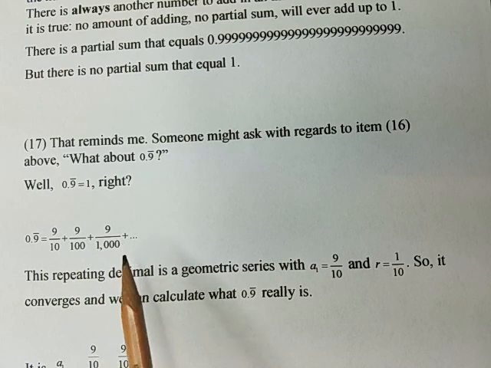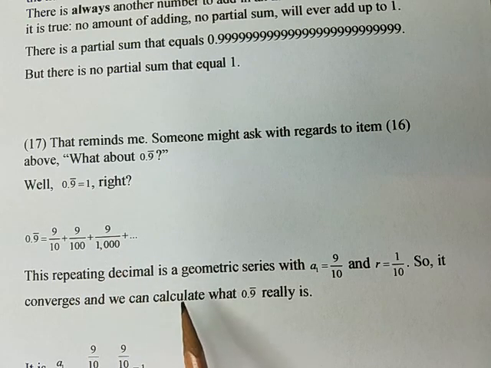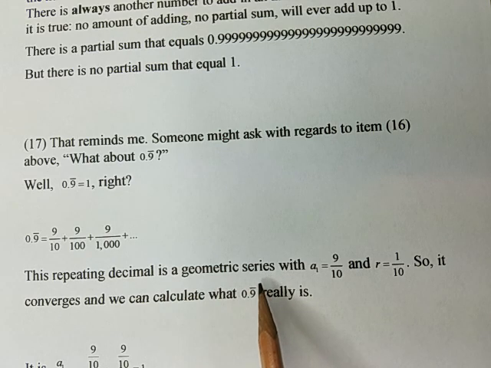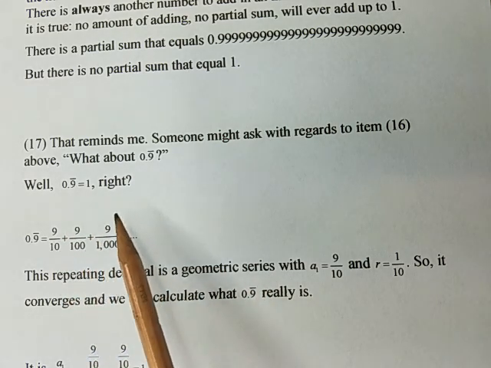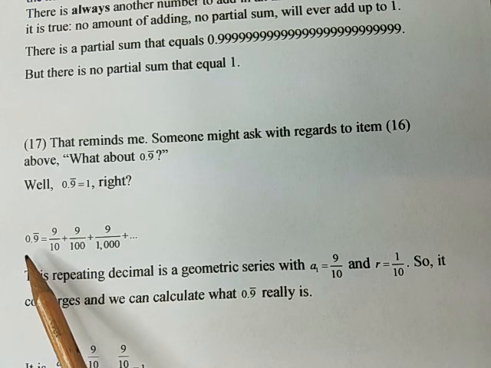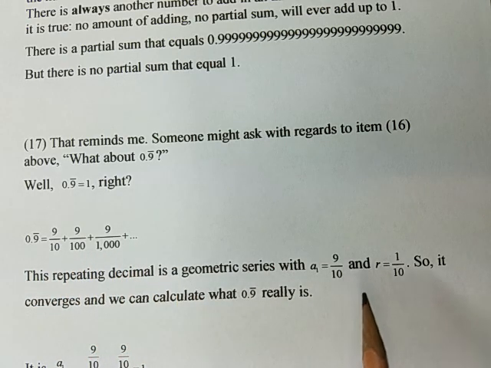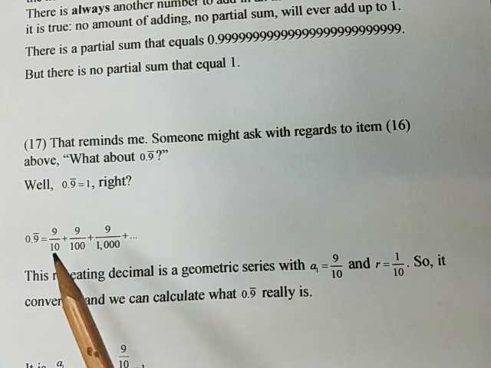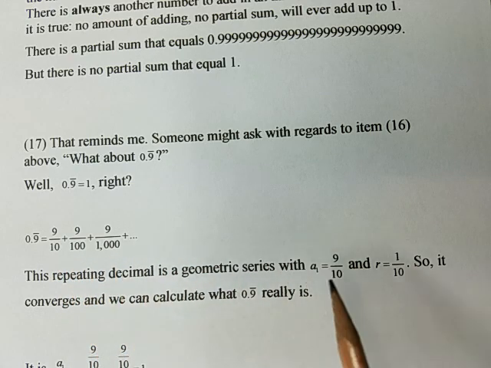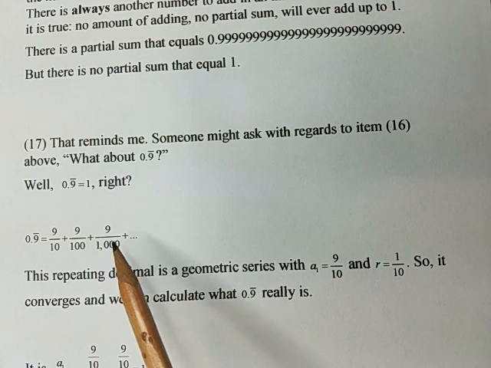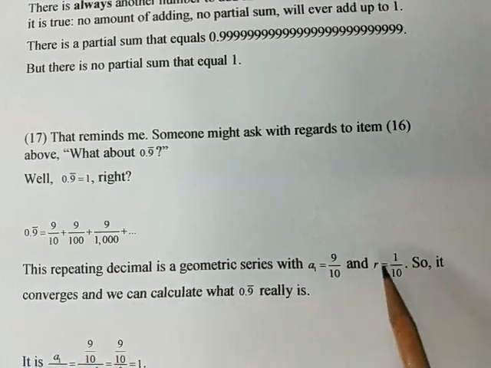But what is this? That's a repeating decimal. That also happens to be a geometric series. Isn't this geometric if I write it that way? This is a repeating decimal, but that's a geometric series. First term is 9/10, r is 1/10. Take any term of this series, multiply it by 1/10, you'll get the next term. All right, so r is 1/10.